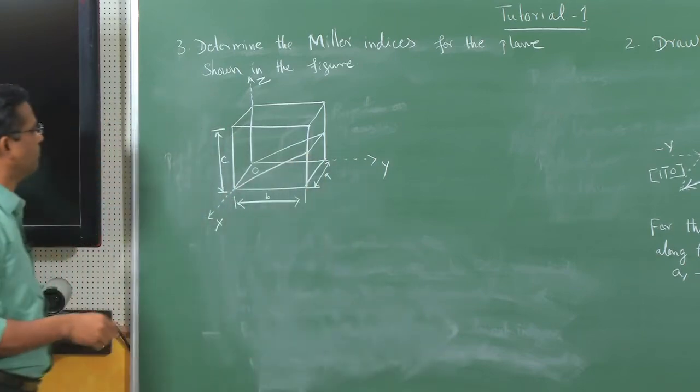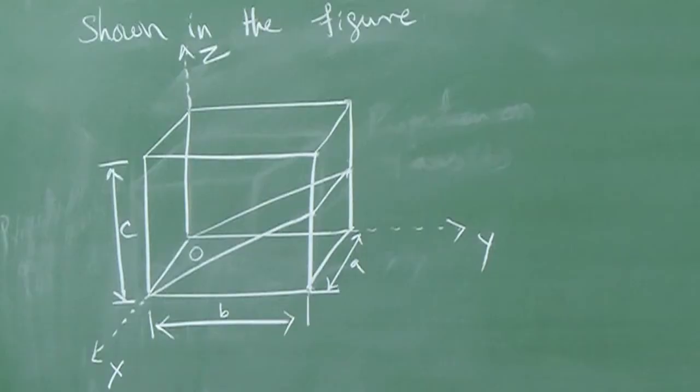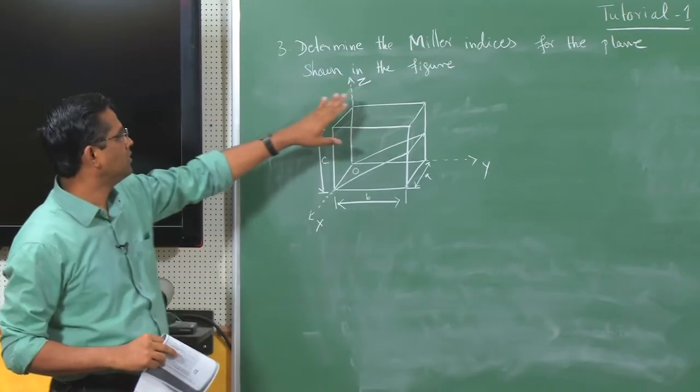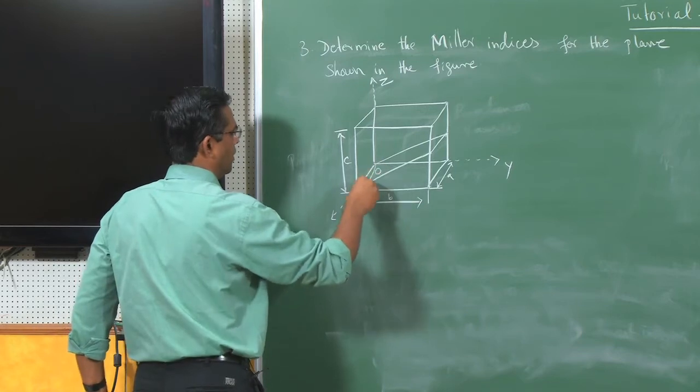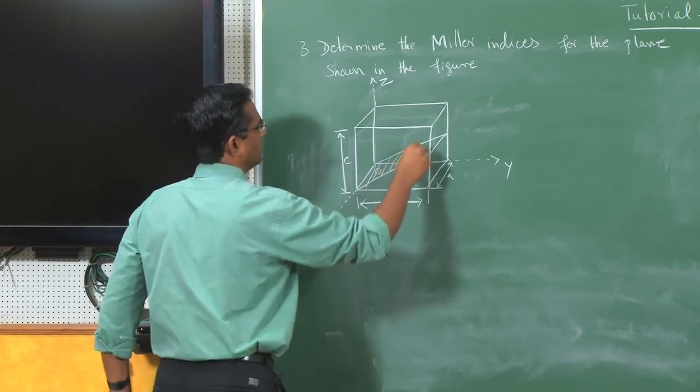So, here is the problem. Determine the Miller indices of the plane shown in the figure. So, this is the plane, let me shade it.